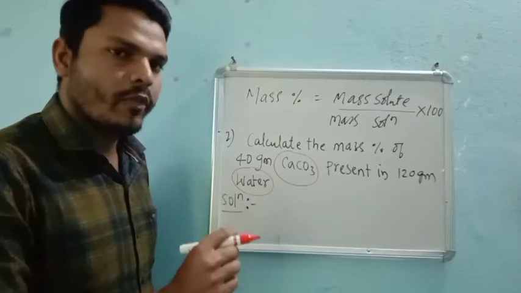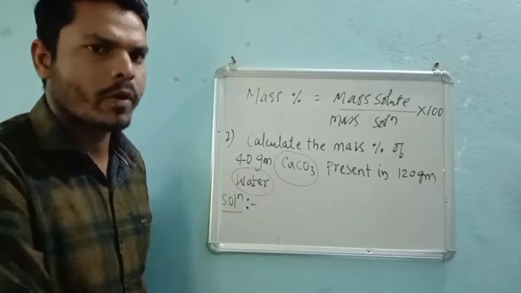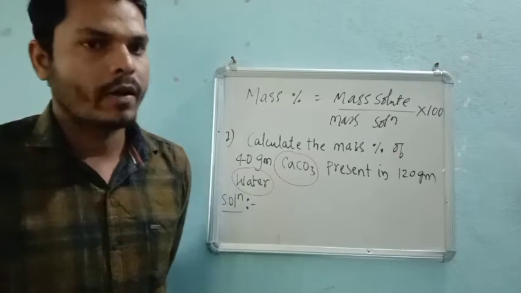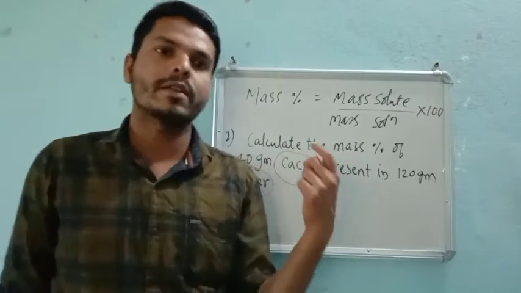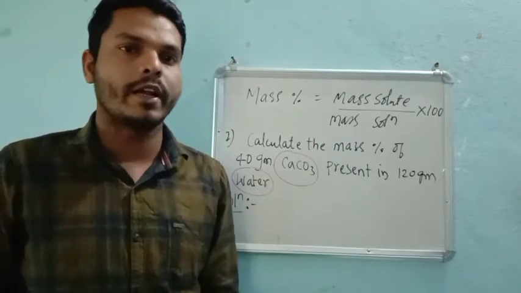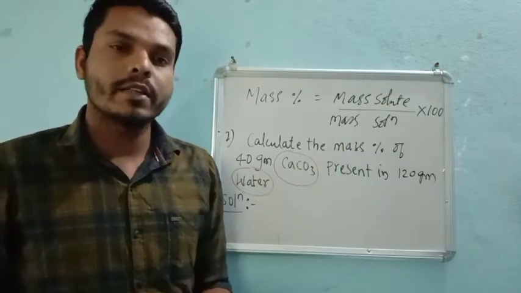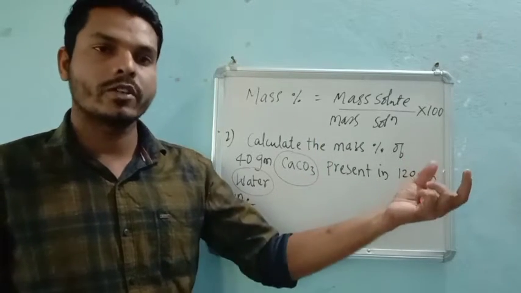First we need to identify which is solute; once you know that, this problem is very simple. Solute is a component which is present in less quantity in a solution. And solvent is a component which is present in more concentration in the solution.